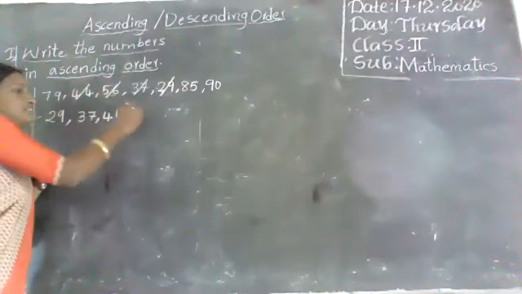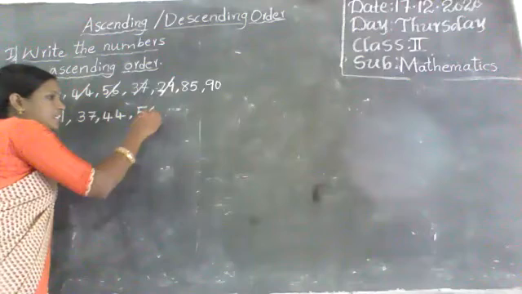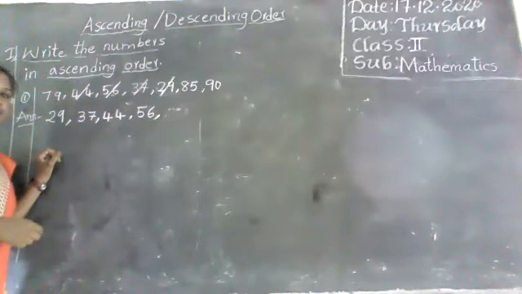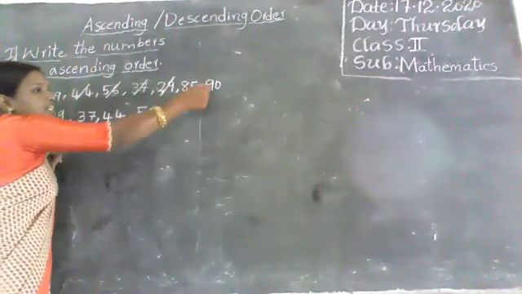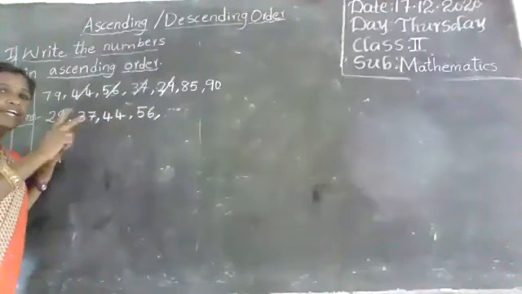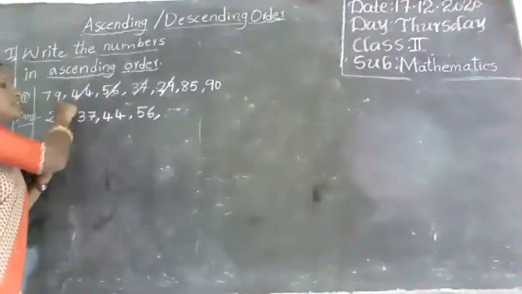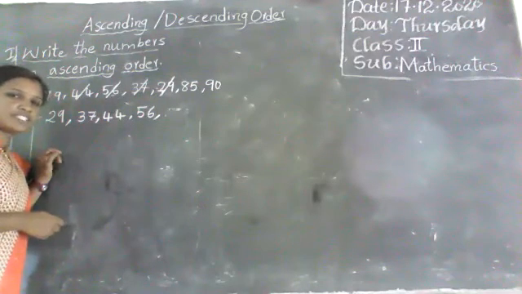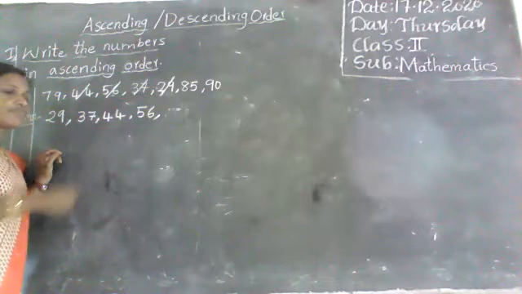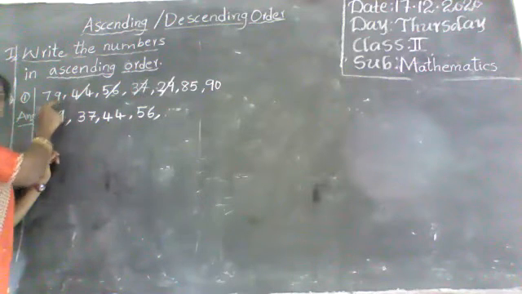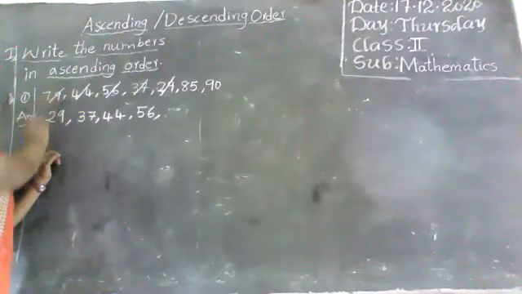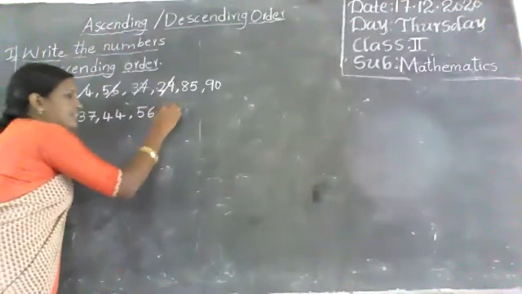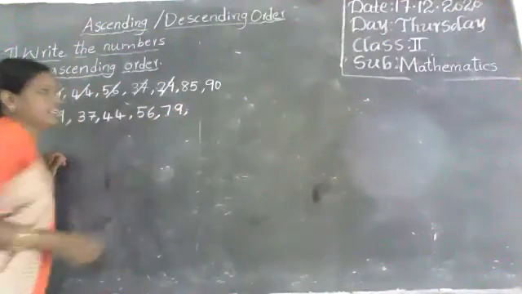You count it like this. 56. Next, 79, 85, 90. Which is the smallest? 79 is the smallest. So we cut it like this. Now we write 79.